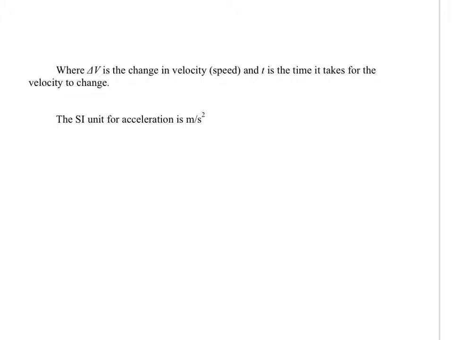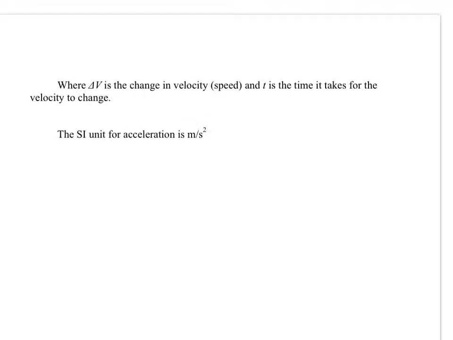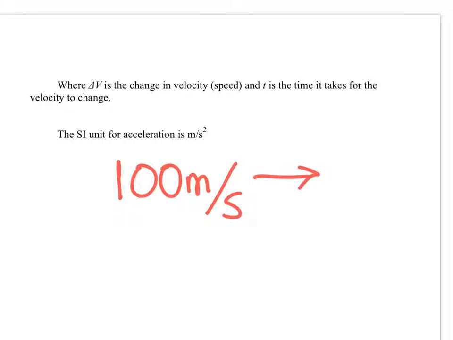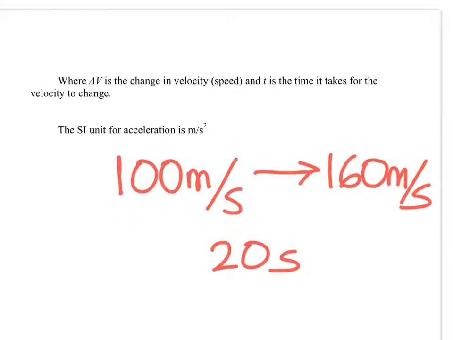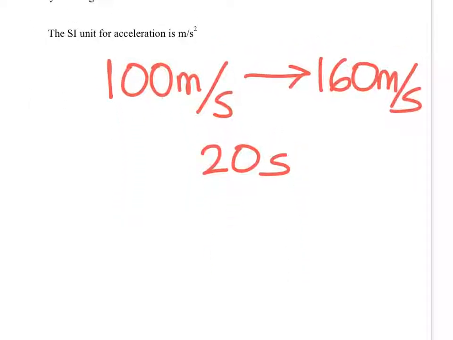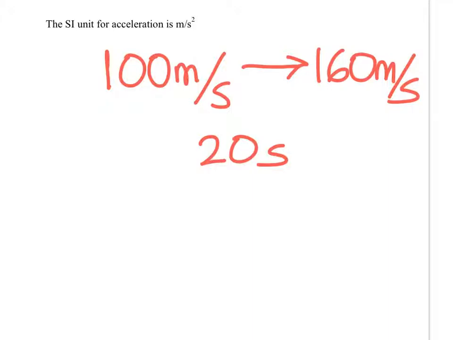So for example, I have a car that is traveling at 100 meters per second. And within a matter of 20 seconds, it went from 100 meters per second to 160 meters per second. So how do I calculate my acceleration using the equation that you saw earlier?